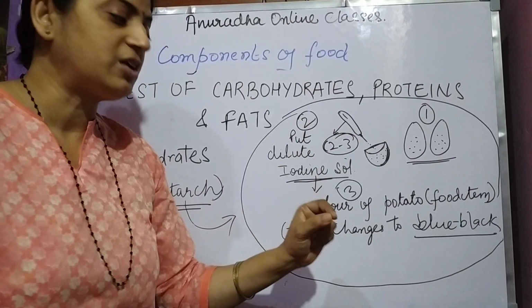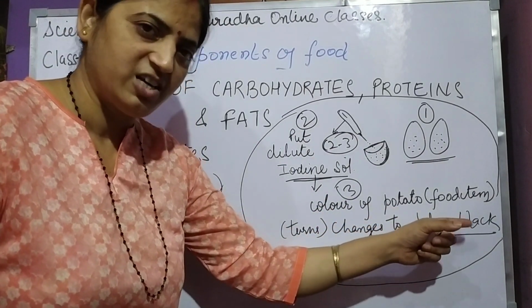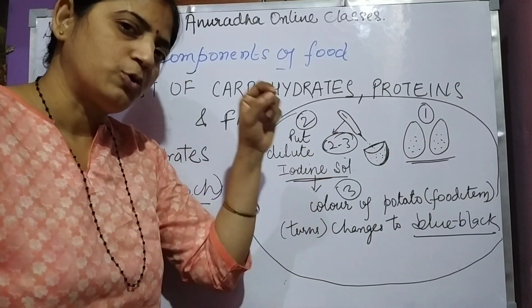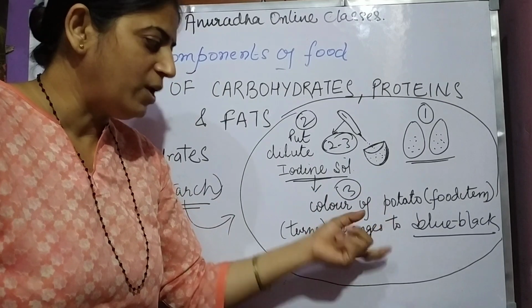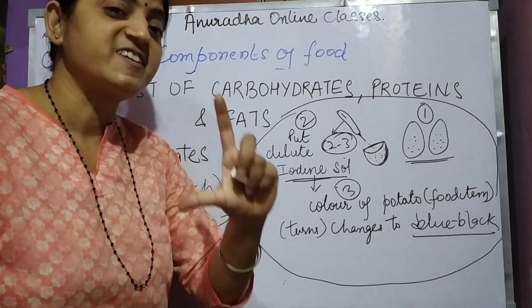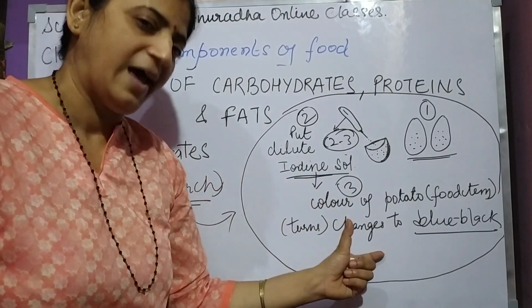Then after some time what you will see is that the color of the potato or the food item on which you put the iodine solution will turn into blue black color. Its color gets changed into blue black.